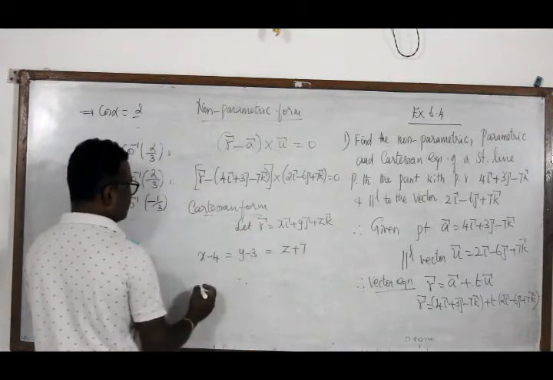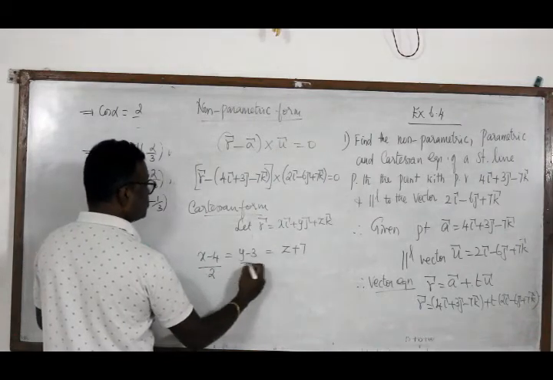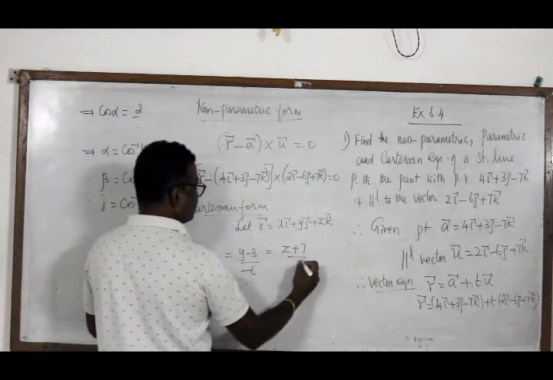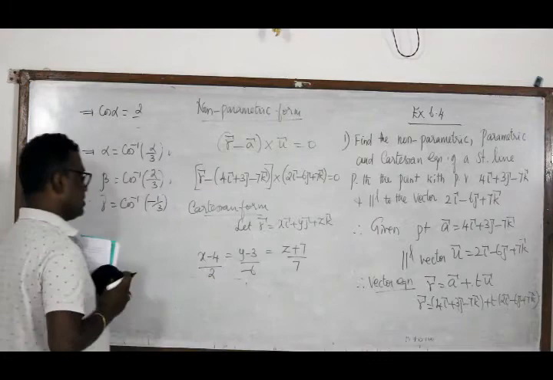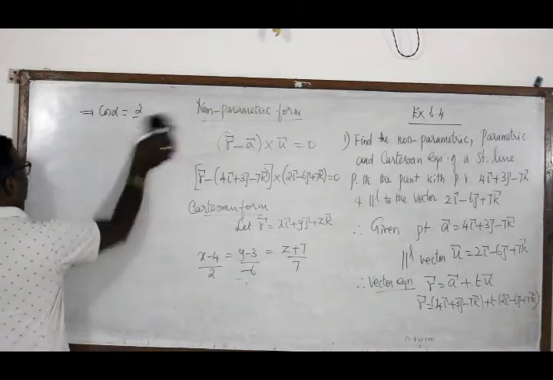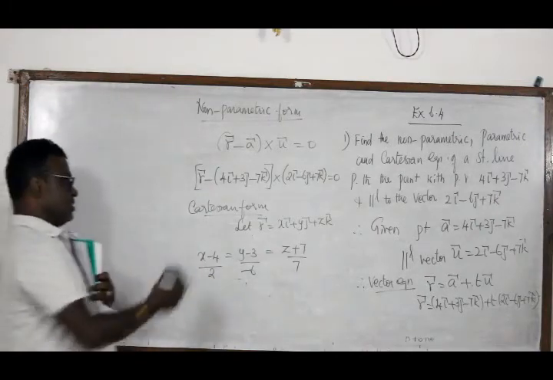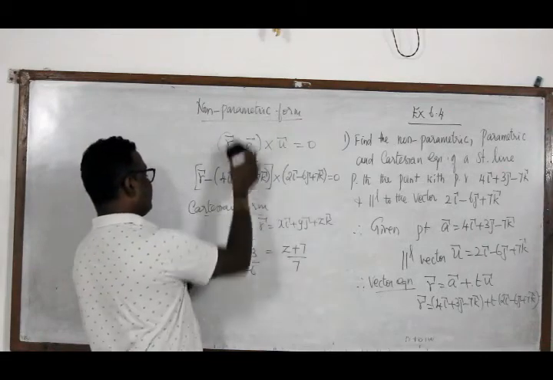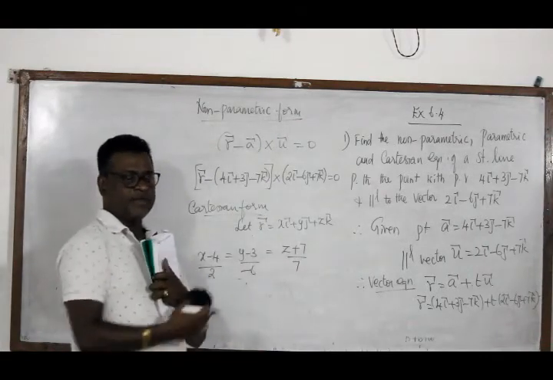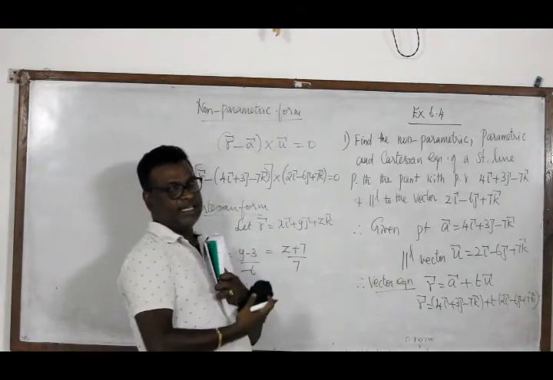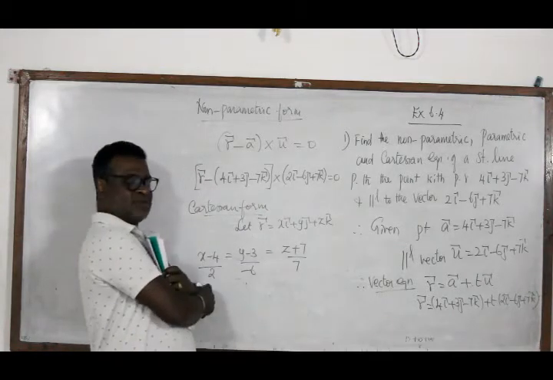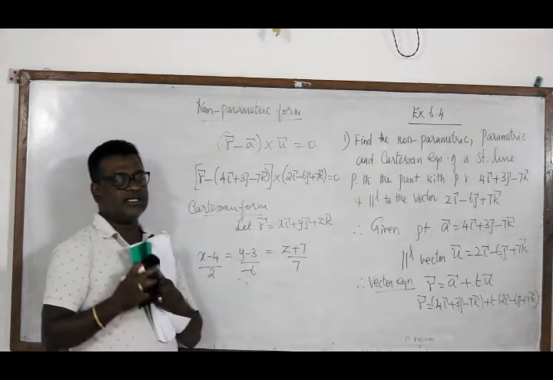These numbers will come to the denominator, so by 2, by minus 6, by 7. This is the Cartesian form. So we found the parametric, non-parametric and also Cartesian equation. Parametric and non-parametric are both vector equations. Only x, y, z is involved, therefore this is called Cartesian form.